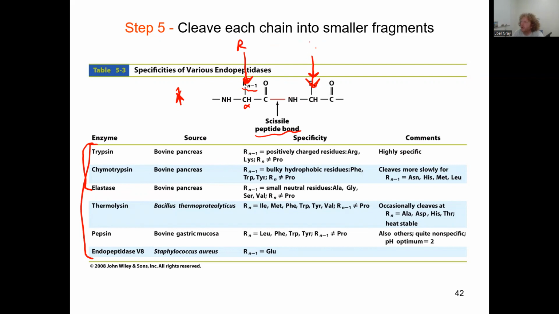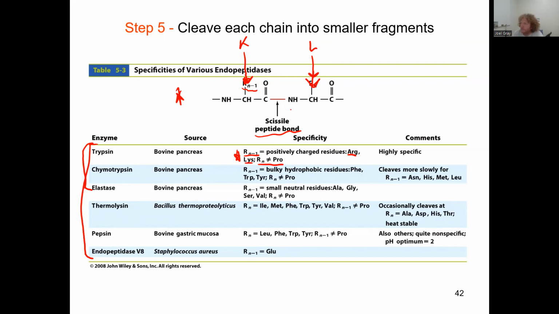If this is RL, trypsin will cut that peptide bond there. If this is a lysine followed by a leucine, trypsin is going to cut that. Because this specificity tells us R sub n minus 1 needs to be an arginine or a lysine. R sub n cannot be a proline.